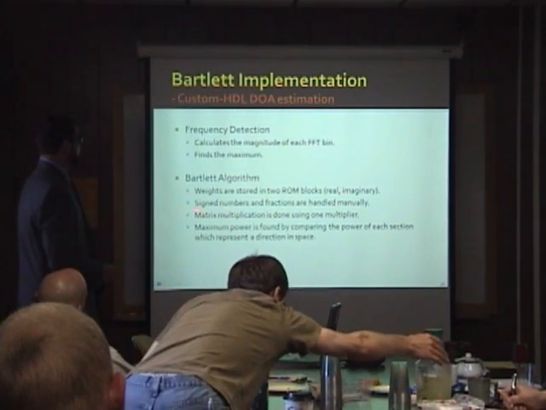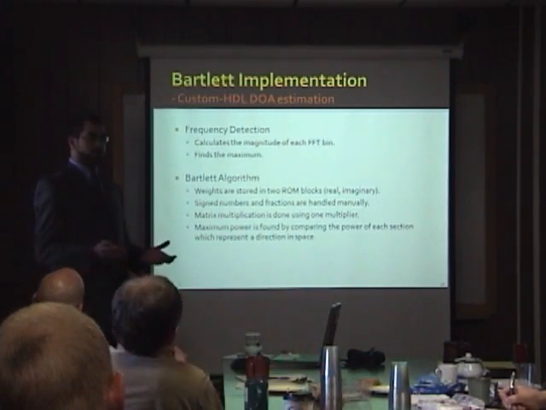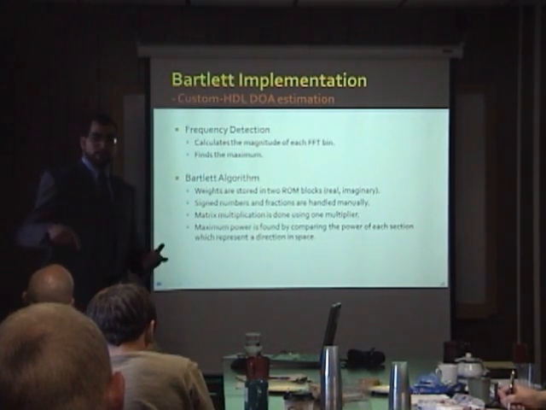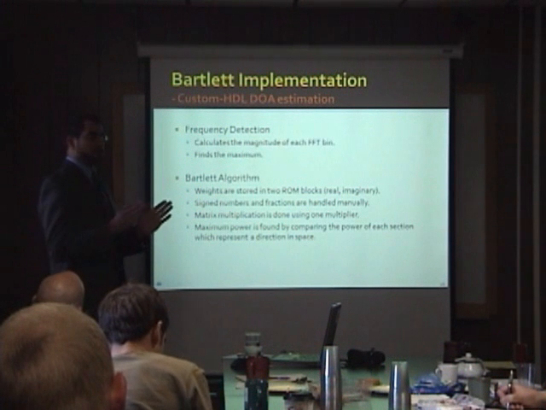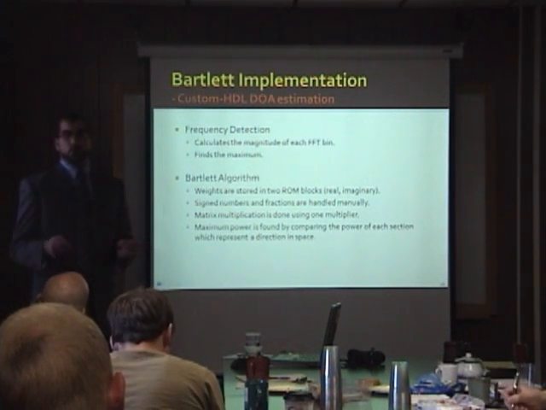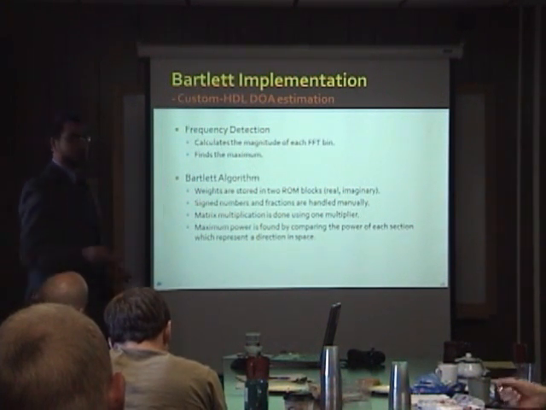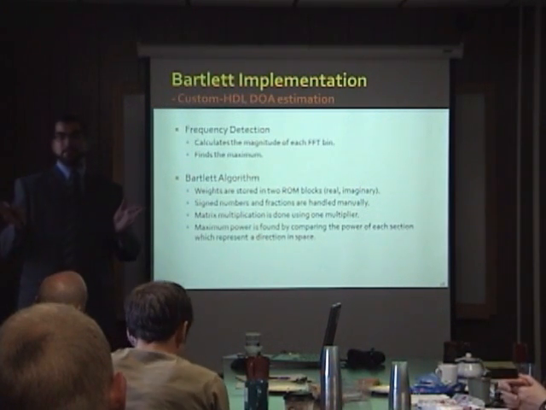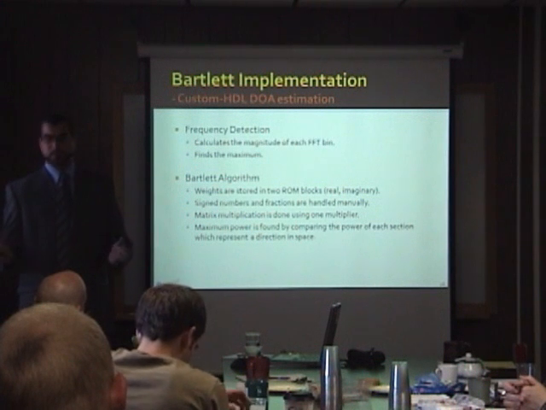And since we divided the space into 8 sectors, the Bartlett algorithm only detects the signal from 8 directions. So what that means is that if a signal is coming from 10 degrees, let's say, it will say that it's coming from the first sector, which is 0 degrees.